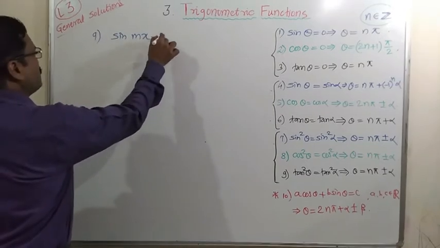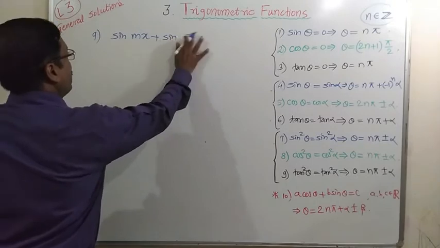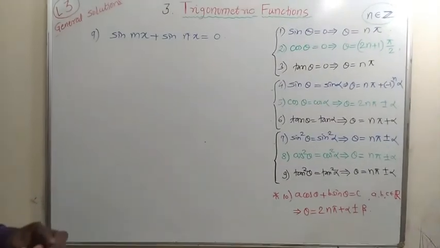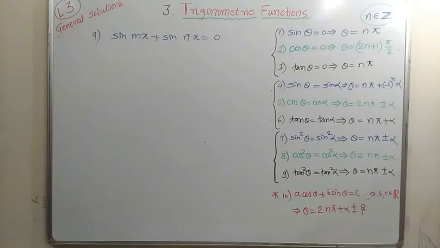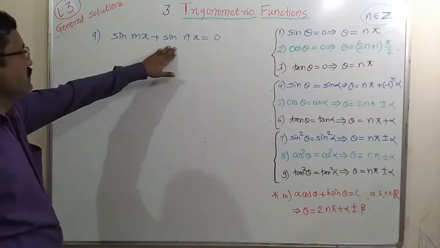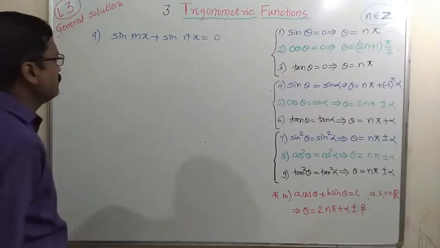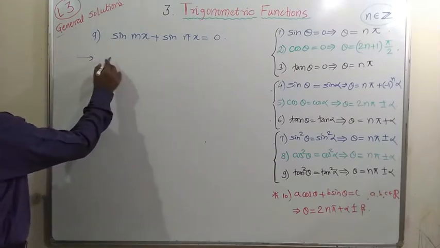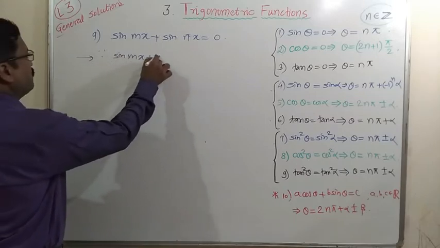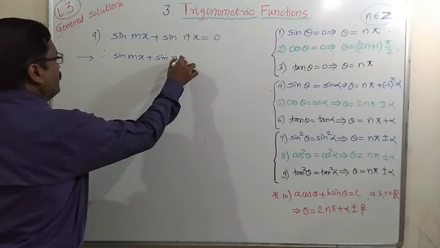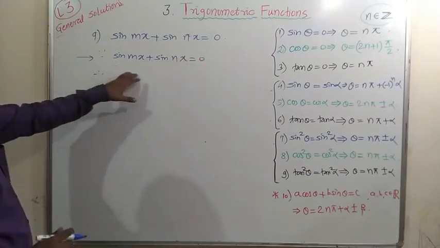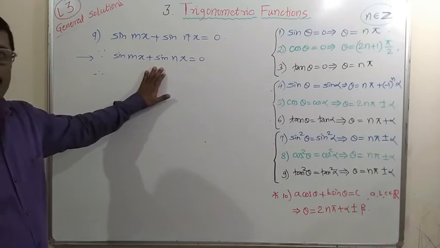sin mx plus sin nx equal to 0. Once again, here we have given addition of two trigonometric functions, sin and sin. So we can write, since sin mx plus sin nx equal to 0, therefore this can be written as sin plus sin, that is 2 sin cos.